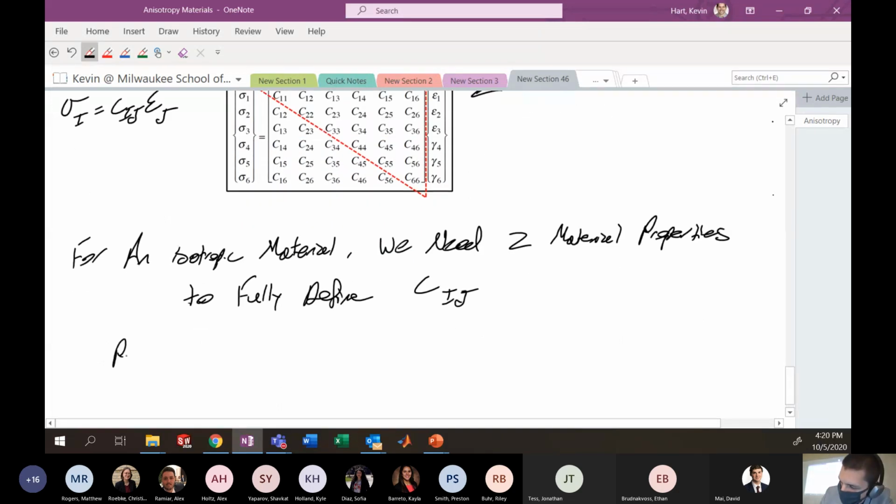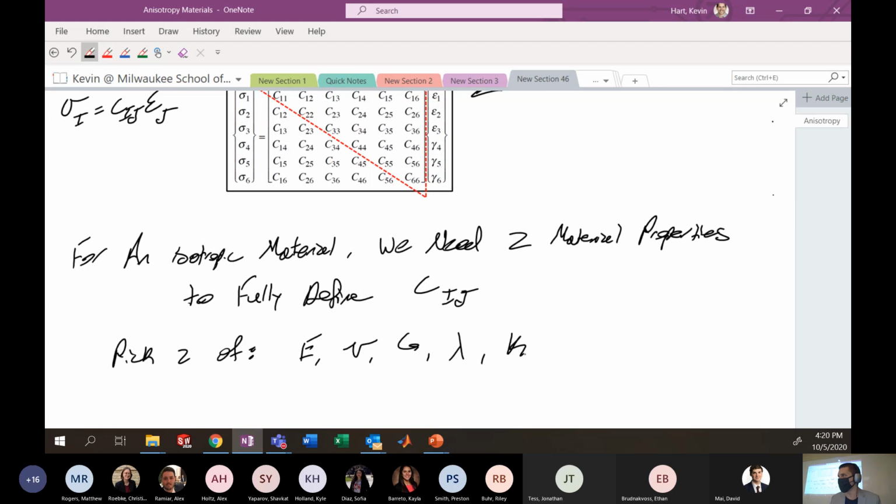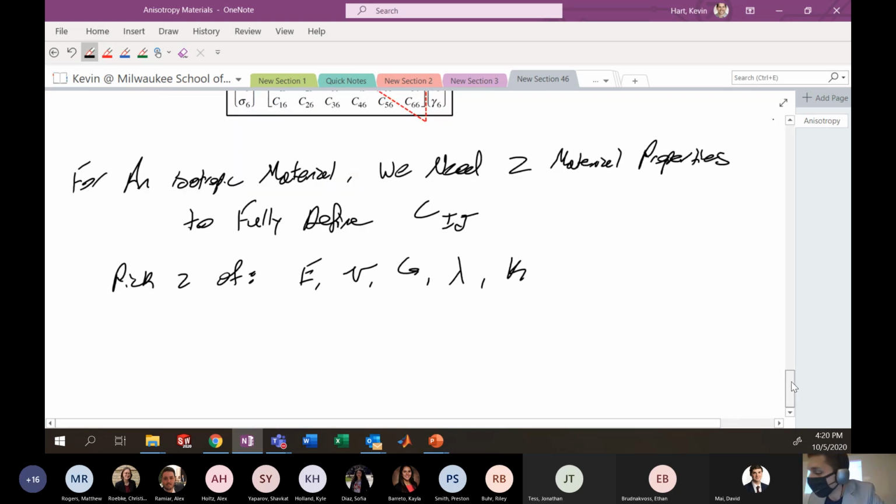You can pick 2 of what you commonly know, like the elastic modulus, Poisson's ratio, shear modulus G. The Lamé parameter lambda is one. The bulk modulus, capital K, is also sometimes used. But the point is that any two of these parameters can be written in terms of any other two if you know the appropriate transformation. So two of these values can be used to fully define the material properties of your isotropic material.